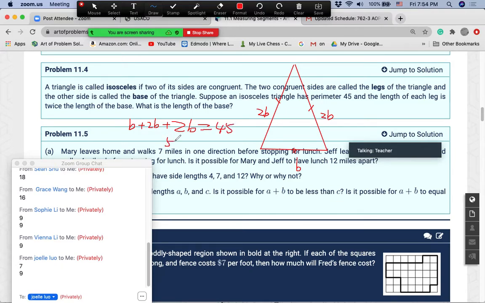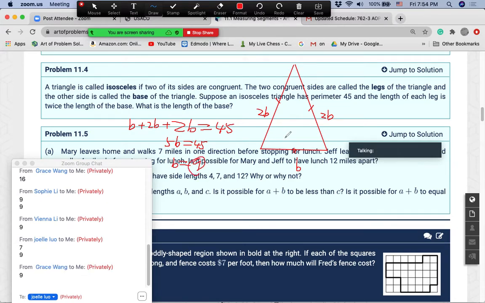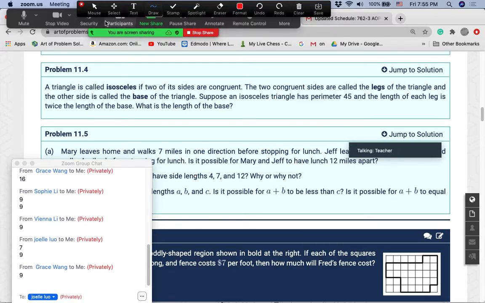So that means 5 times B equals 45. So then B equals 45 divided by 5. I get 9. So 9 is correct. Okay. Grace also got it correct. Very good. Now let's go to the next problem.